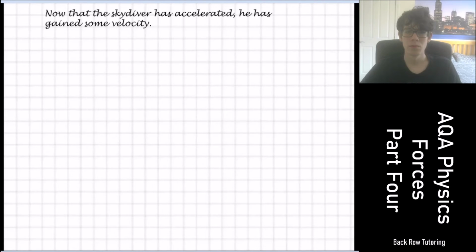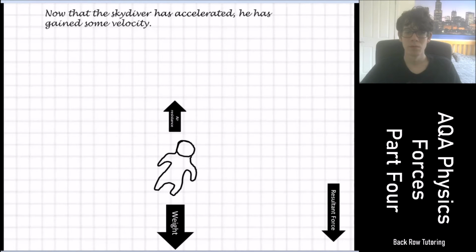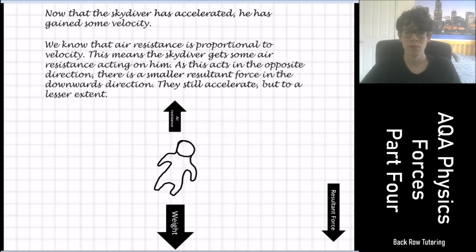Now that the skydiver has accelerated, he has gained some velocity. We know that air resistance is proportional to velocity. This means the skydiver gets some air resistance acting on him. As this acts in the opposite direction, there is now a smaller resultant force in the downwards direction. So the skydiver will still accelerate, but to a lesser extent.